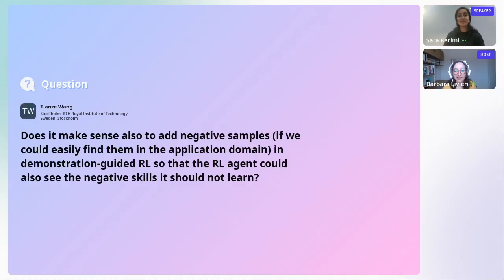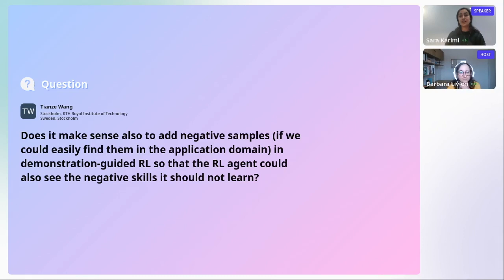Does it make sense also to add negative samples, if we could easily find them in the application domain, in demonstration guided reinforcement learning, so that the RL agent could also see the negative skills it should not learn? That's a very interesting question. I know that there are a lot of works done on demonstration data that are from non-experts.